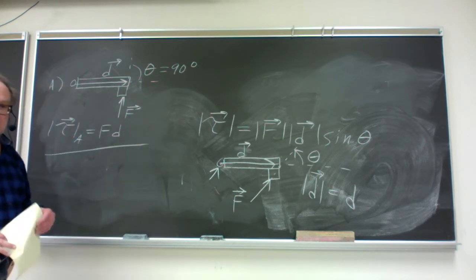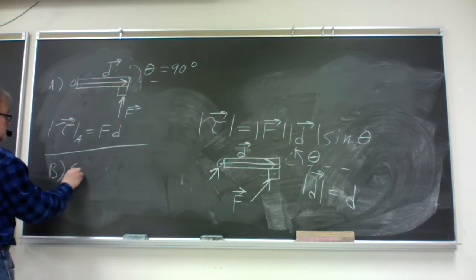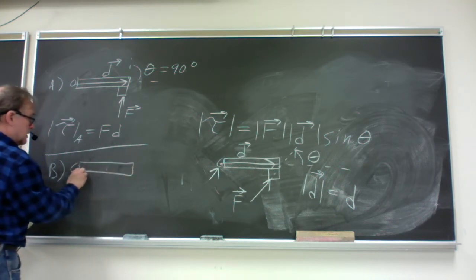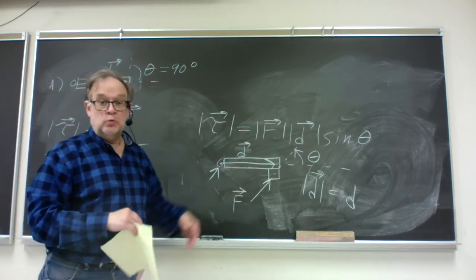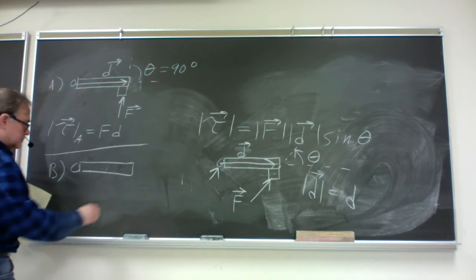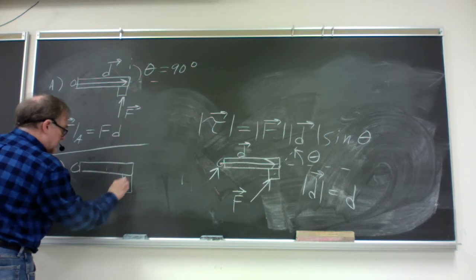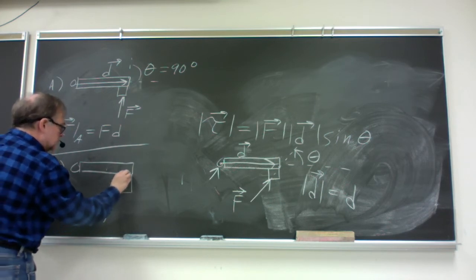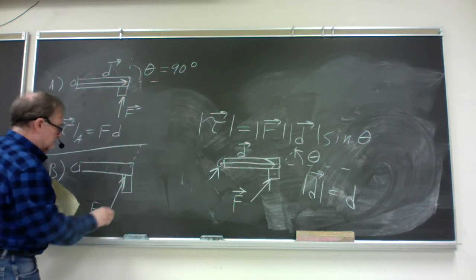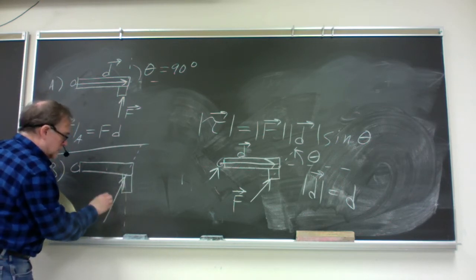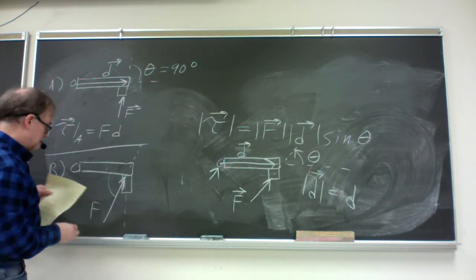Now, case B, let's imagine the same door, and again we'll push on the doorknob, but this time, just like here, we'll push at an angle. So we'll push like that, at an angle like that. And let's say this angle, the angle between my push and the door, is 60 degrees.